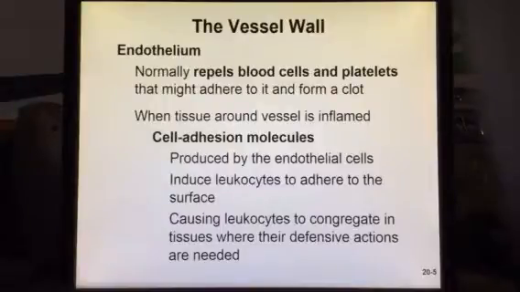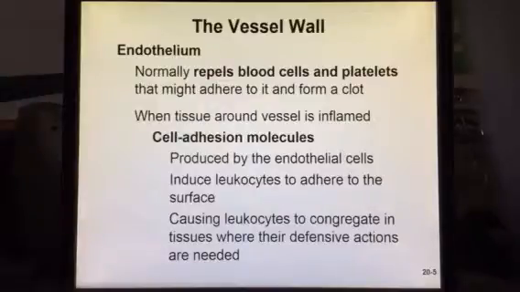The endothelium does normally repel blood cells and platelets, so it tries to have those blood cells just move on by, not get stuck. If they do get stuck, that's when we start talking about a blood clot forming.